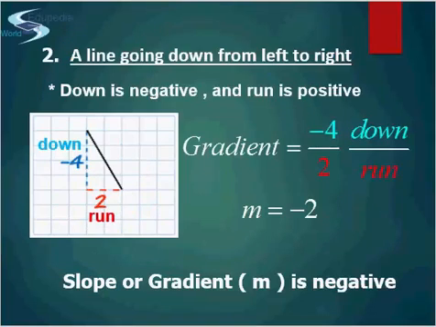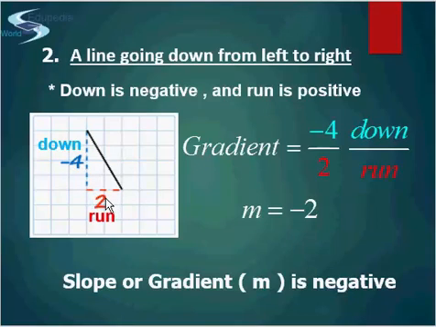Now moving on, this is the second type of gradient. The change is the same, but the direction is different. The vertical change shows 4, and the horizontal change once again shows 2.